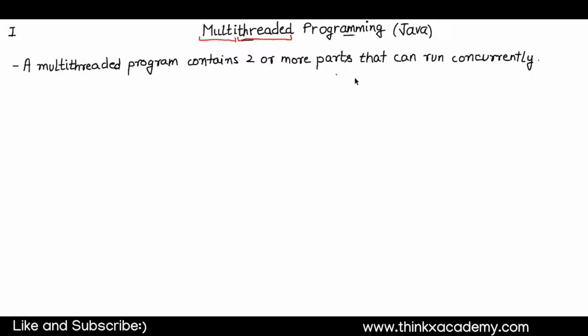So what does this mean? A multi-threaded program contains two or more parts that can run concurrently, and concurrently also means simultaneously. So I will write down here simultaneously. So let's understand this whole definition.